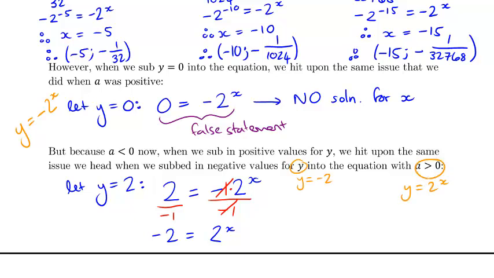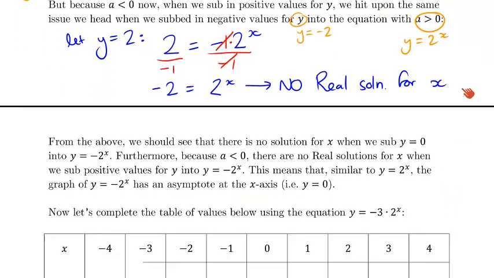That was when a was positive 1. And here, there was no real solution for x. Okay, so the graph, in other words, is not going to exist for positive y values now that a is less than 0 in our function y is equal to minus 2 to the x over there.